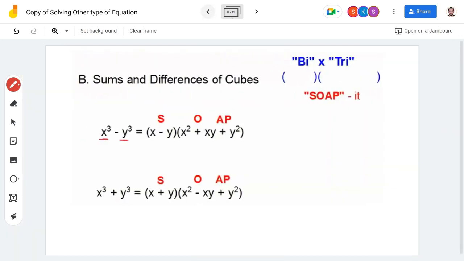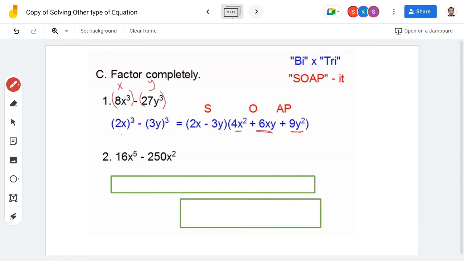We square 2x, 4x squared. We square 3y, 9y to the power of 2. Then 2x times 3y, 6xy. Clear?